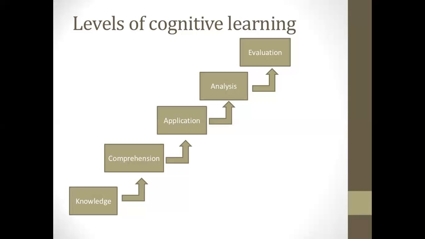Next in there is analysis. We have the fourth level of cognitive learning. When we say analysis, it's all about breaking down information into its separate parts, explicating the relationship between parts and the overall organizational structure. So we expect in this level that learners may divide a complex whole into parts in order to better understand it.